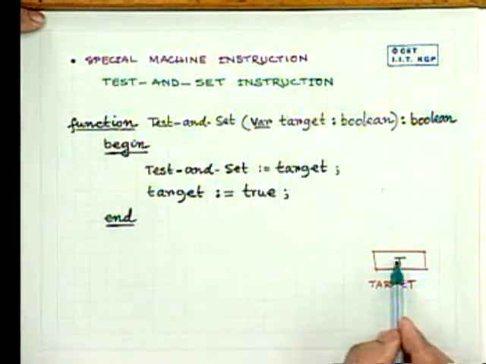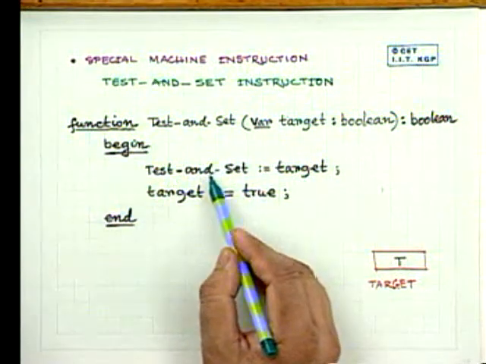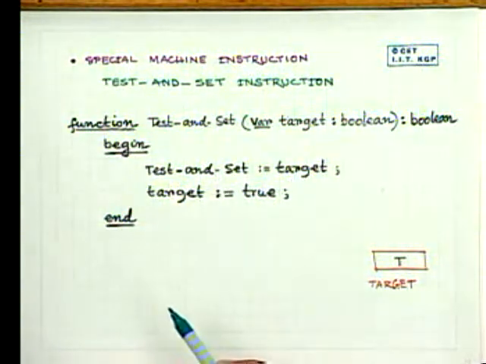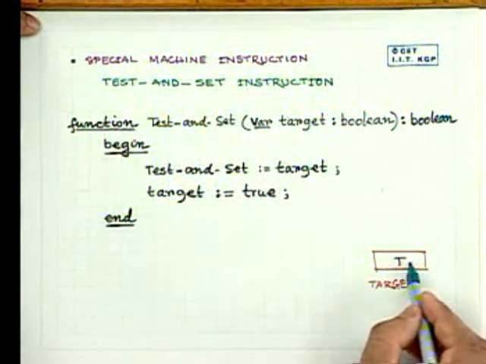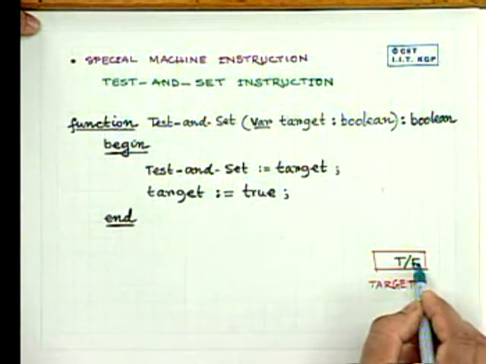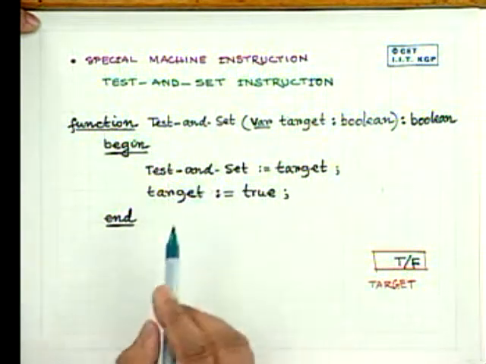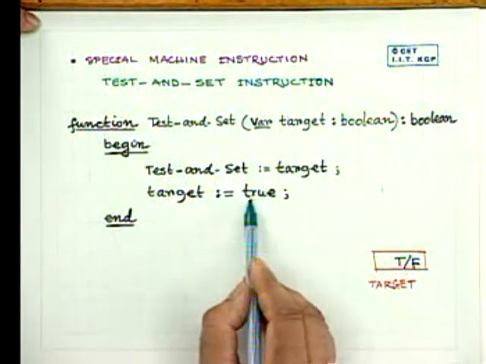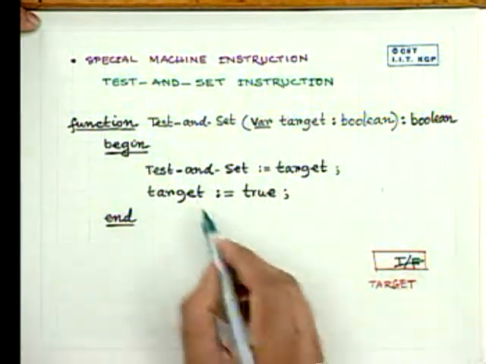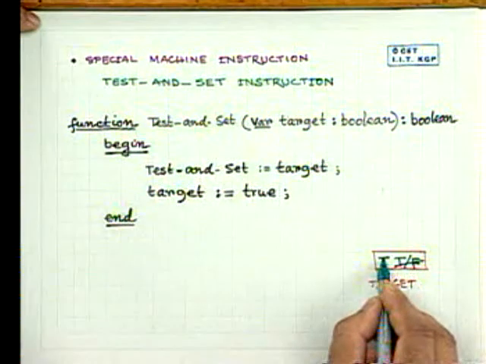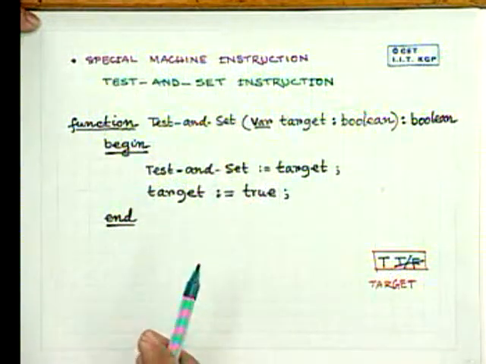If it is false, that value comes as test and set, and that value is returned. And whatever be the situation, whether it is true or false, that value comes to test and set, and the target is assigned true. That means whatever be the previous value, after that, the target value turns out to be true. That's the function of this test and set instruction.